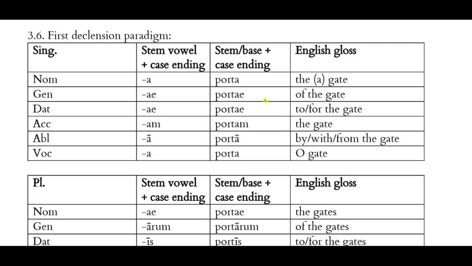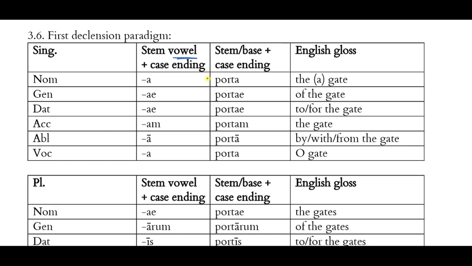So here is the first declension paradigm. I'm going to show you here. We have singular in the first chart, plural in the second. Second column, technically speaking, this is not the case ending. It's the stem vowel plus the case ending. So we're actually seeing the ending of the noun stem, which has the A, and then the case ending attached to it.